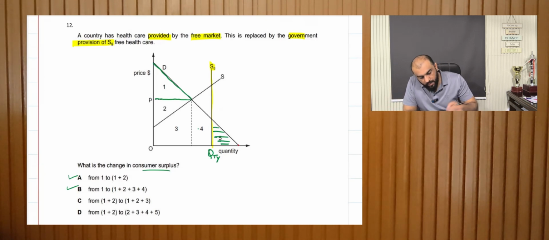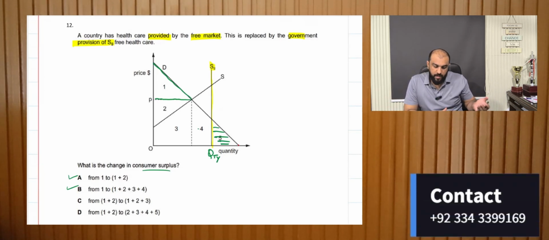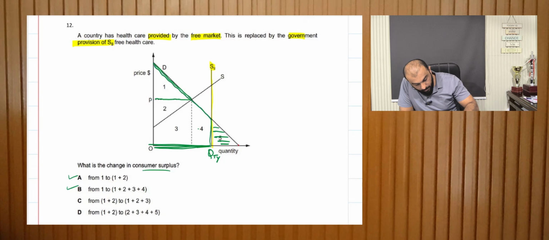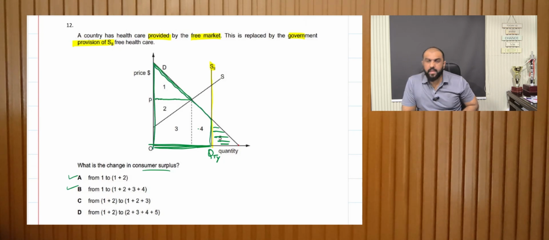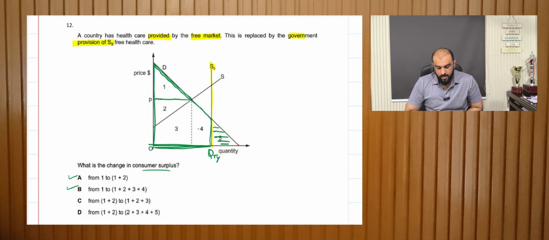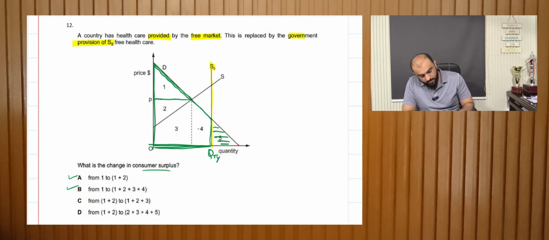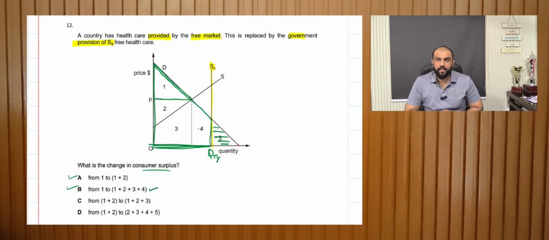So everything to the left of the supply curve will become my consumer surplus, because the prices are zero, so this area, and then it goes all the way up to the demand curve. So this entire area becomes my consumer surplus. So initially it was 1, now it is 1, 2, 3 and 4, right? So the answer becomes B.